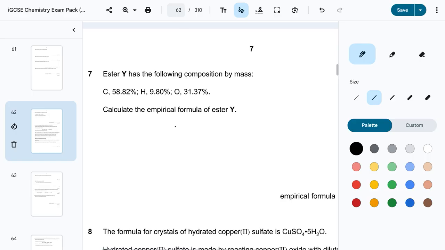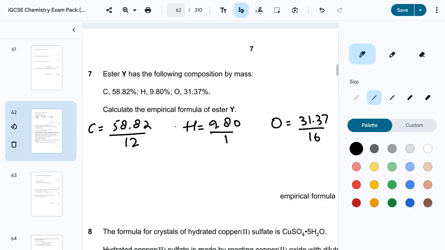The first step: for carbon, 58.82 divided by 12, hydrogen 9.80 divided by 1, oxygen 31.37 divided by 16. For hydrogen it will be the same. For carbon, 58.82 divided by 12 is 4.9, and for oxygen, 31.37 divided by 16 is 1.9.